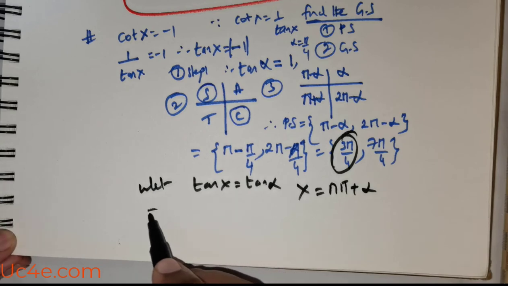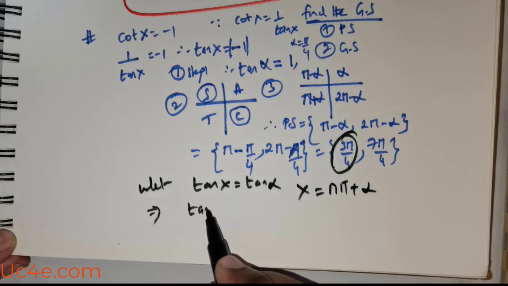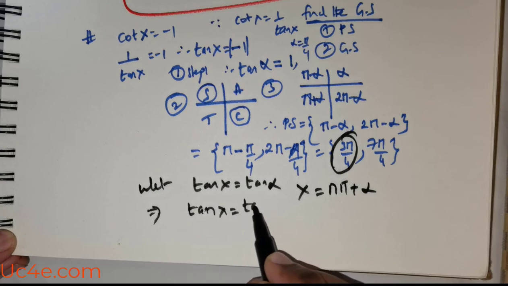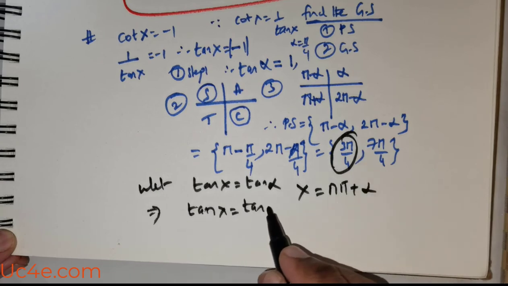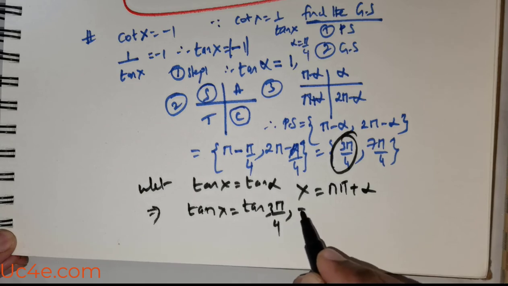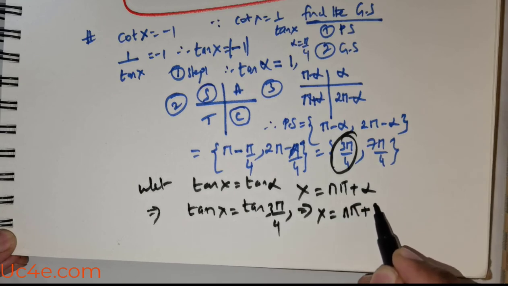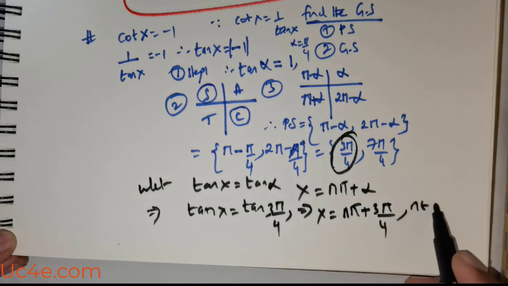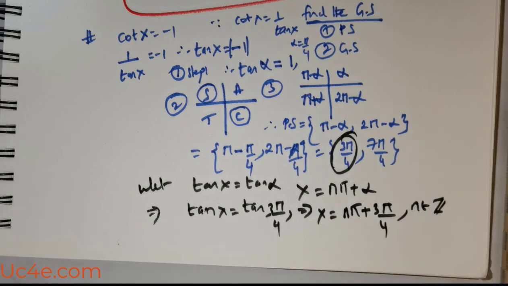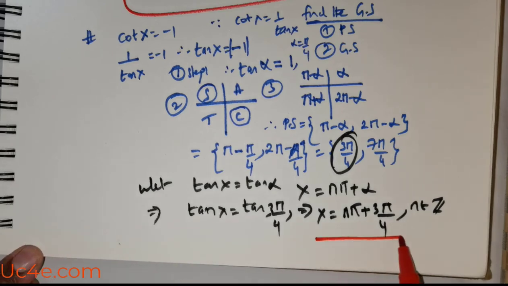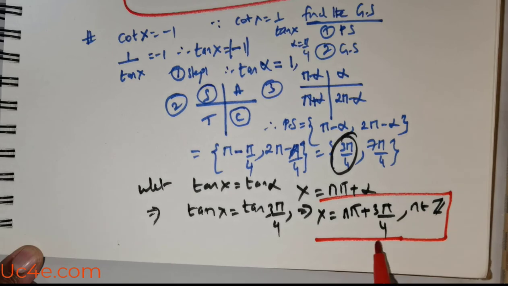So in this case, this would mean tan x is equal to, I'm choosing the first value, tan of 3 pi over 4, which would mean my general solution is equal to n pi positive 3 pi divided by 4, where n is an element in the set of integers. So this is the solution for this question.